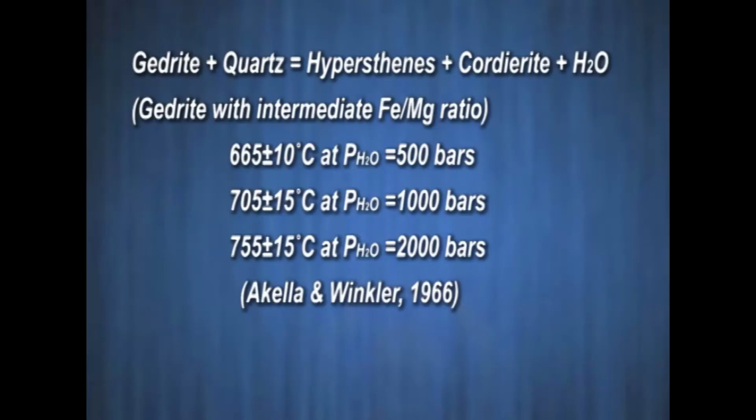Reaction 1: gedrite plus quartz give rise to hypersthene plus cordierite plus water, gedrite with intermediate Fe-Mg ratio.